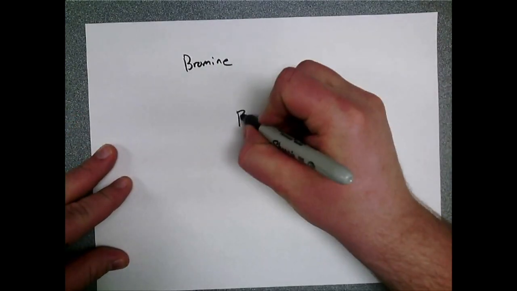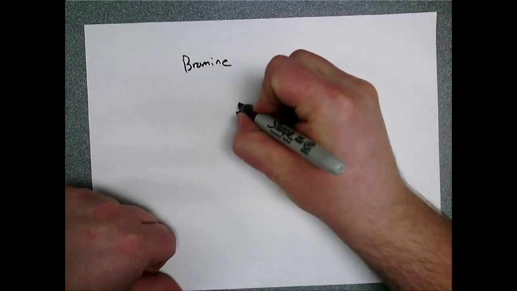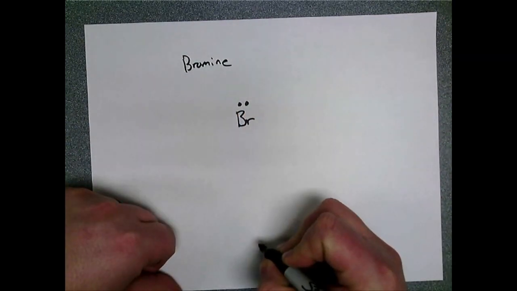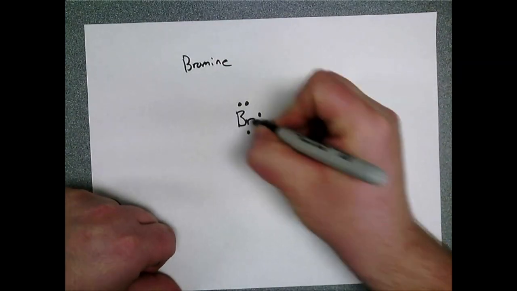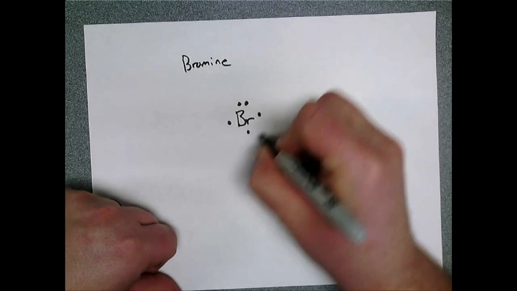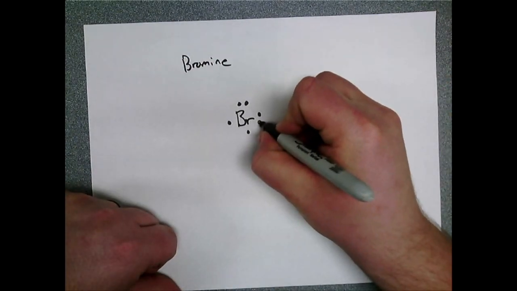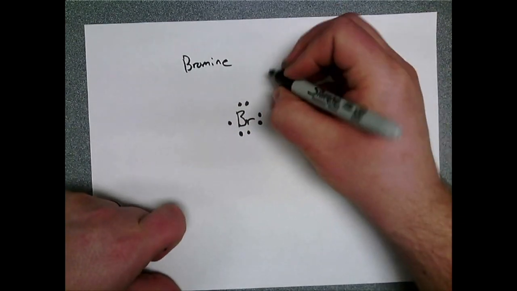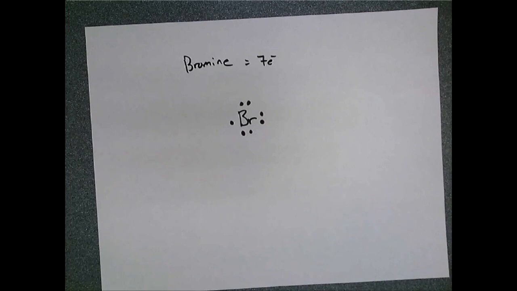So I'm going to write the symbol for bromine, and you always have 2 s's first, so you're going to have 1 and then 2 s's, and then we start doing our p's. So we have 1p, 2p, and 3p, and I'm putting them on the 3 sides. And then I'm going to start doubling up after that, 4p, 5p, and that right there is 7 valence electrons. So that is the Lewis dot structure for bromine.